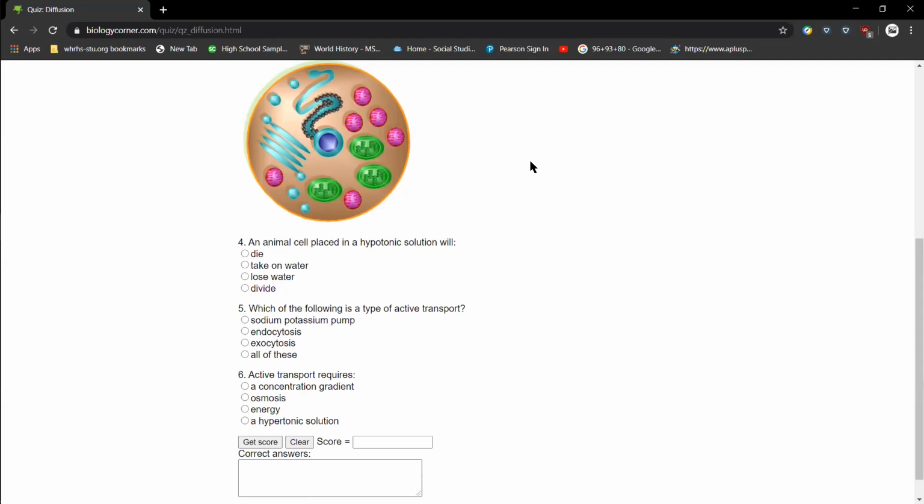Same principle as before. If it's placed in a hypotonic solution, that means it's hypertonic to the outside solution, which means water is going to move from hypotonic to hypertonic, or outside to in, which means it's going to take on water.